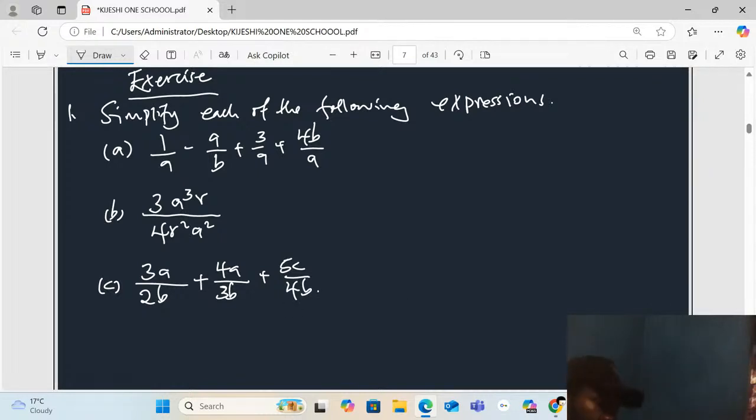Those are what you need to go and check and test yourself if you've understood the topic of algebraic expressions.